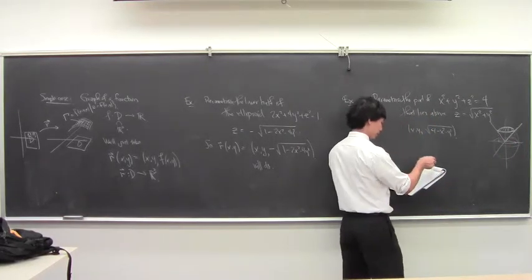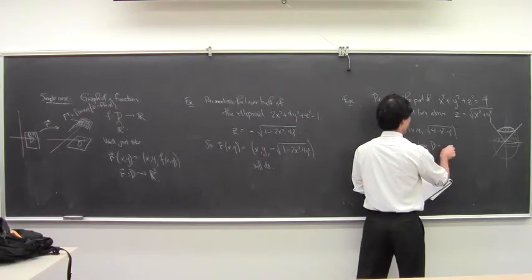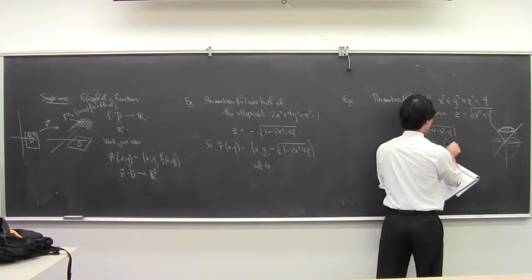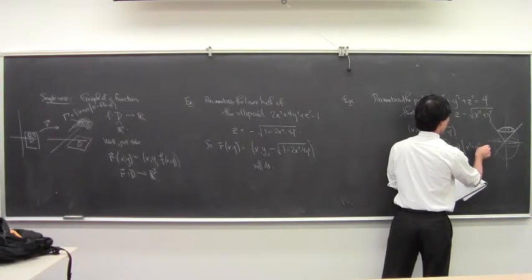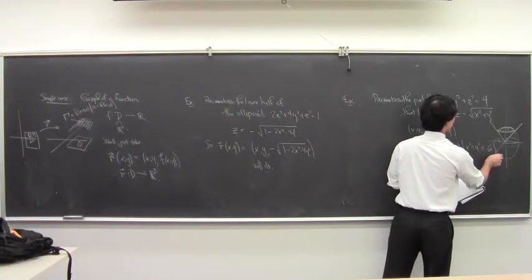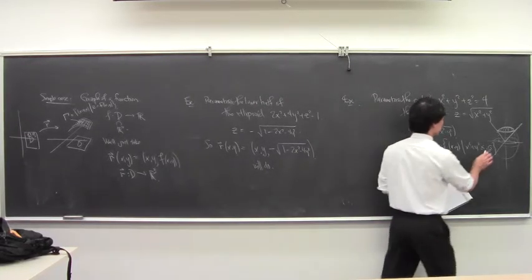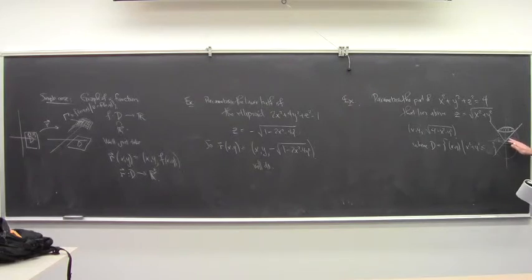So this is over D equals the set of x, y where x squared plus y squared is less than or equal to, no, 4. What am I saying?